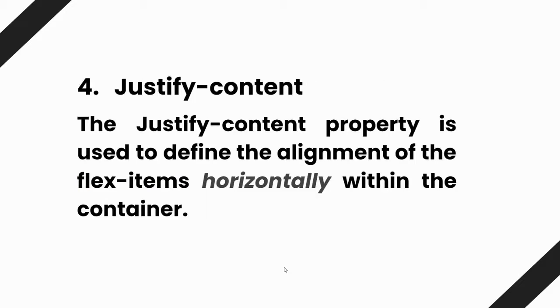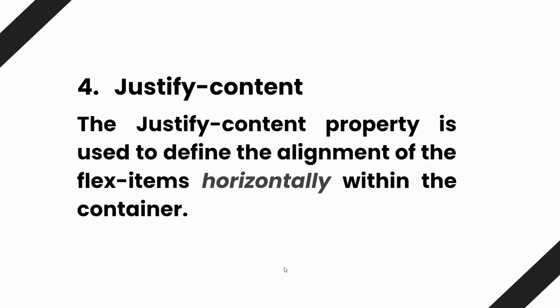Next, we have the justify content property. Now, this property is used to define the alignment of the flex items horizontally within the container. What this property does is define the alignment of the items within the container, but only horizontally.